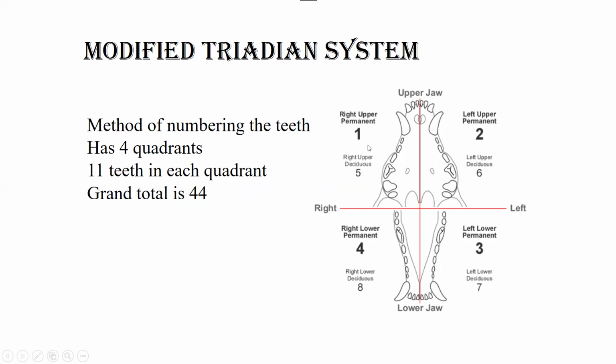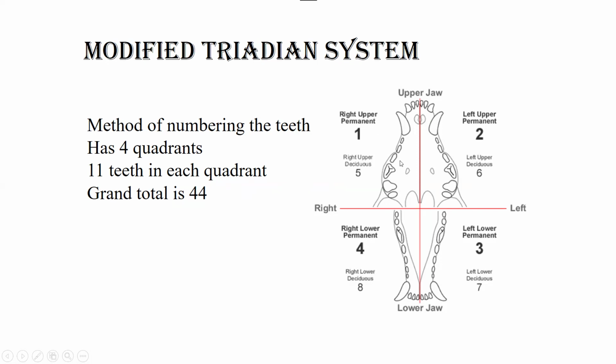If a patient comes to you and it is a baby animal, then it will have deciduous teeth. So the quadrants will have the following numbers: 5 for the right upper, 6 for the left upper, 7 for the left lower, and 8 for the right lower. So it will be 1, 2, 3, 4, or 5, 6, 7, 8. You have to remember it in this way.